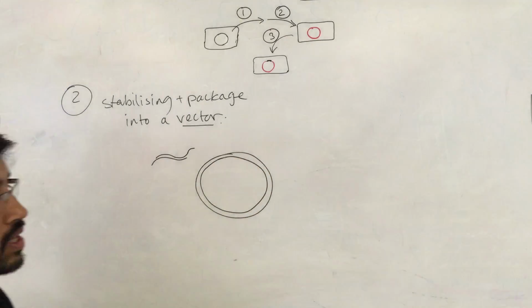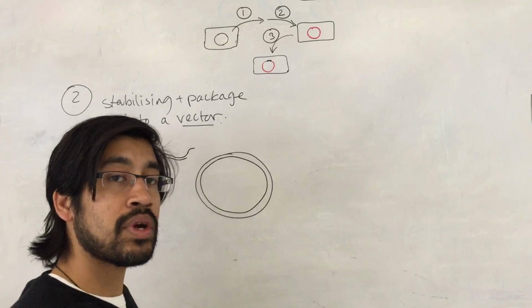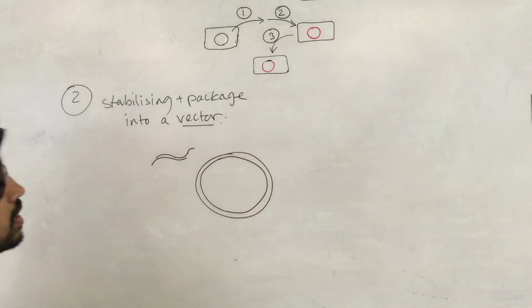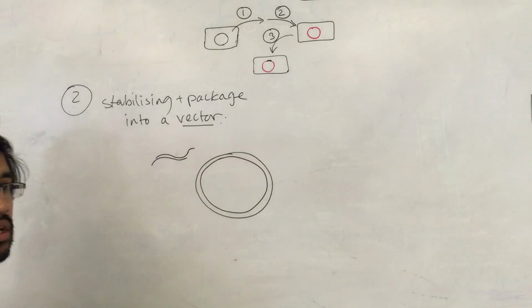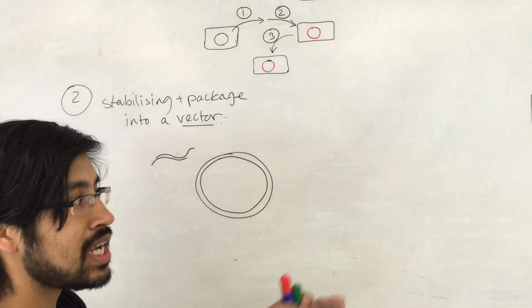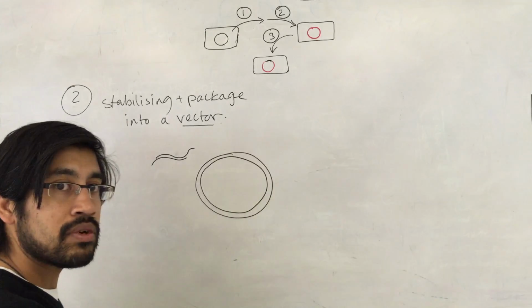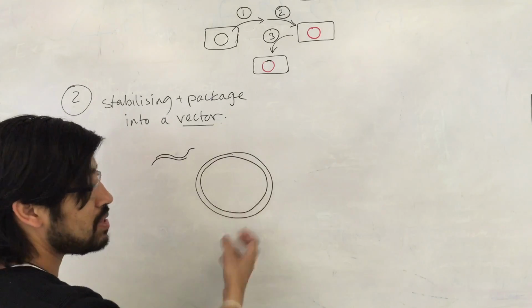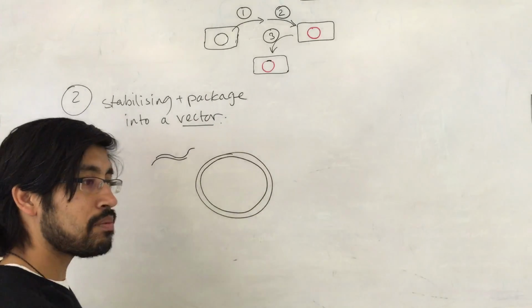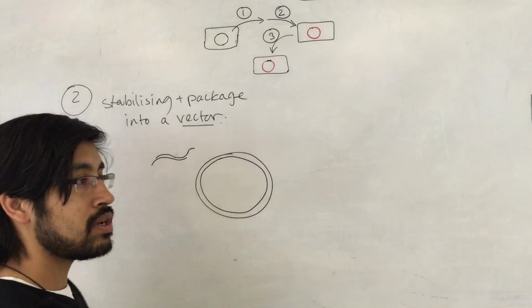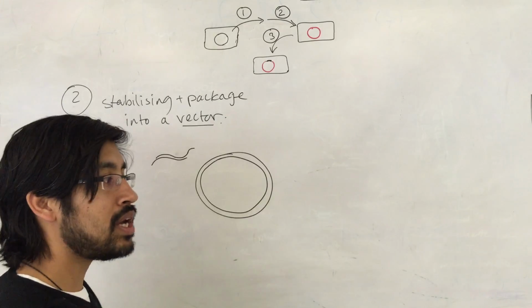Now, usually plasmids are already present in bacteria. So you can get naturally occurring plasmids, and it's a way for bacteria to exchange DNA with each other. Usually these plasmids contain genes for antibiotic resistance on them. So if one bacteria is resistant, they can undergo bacterial conjugation.